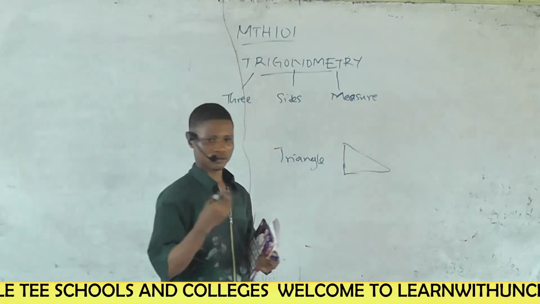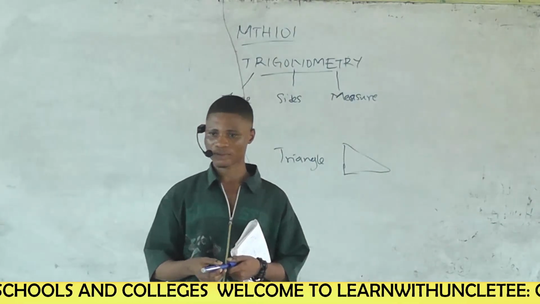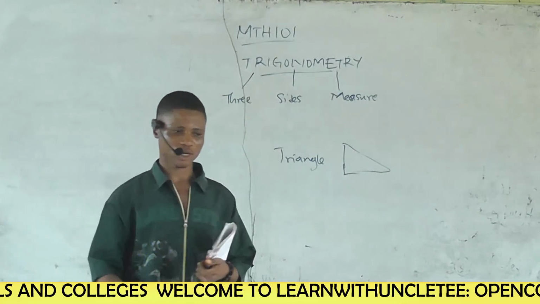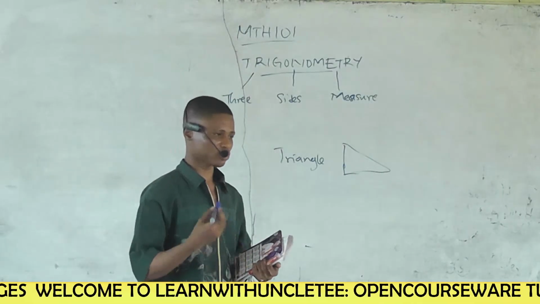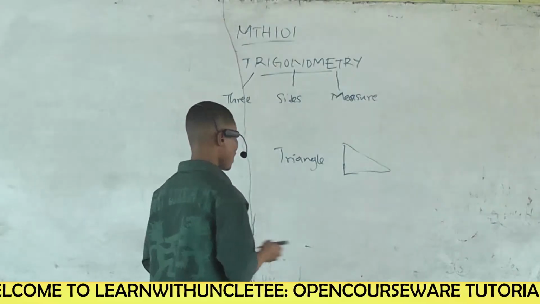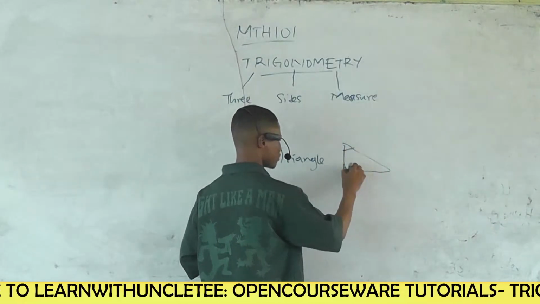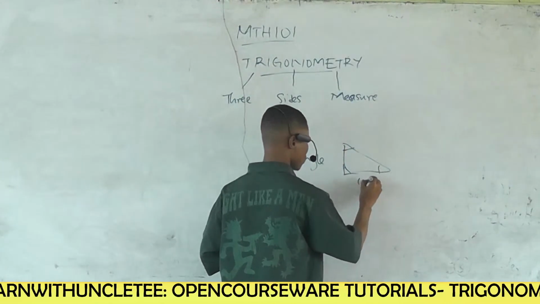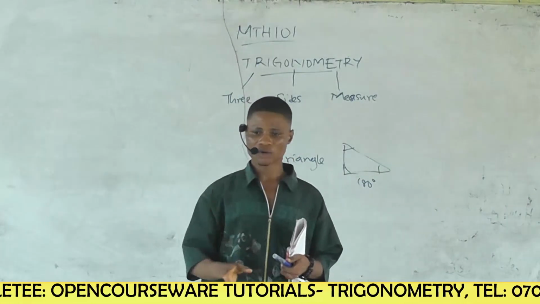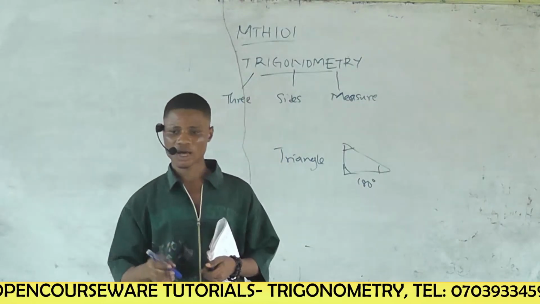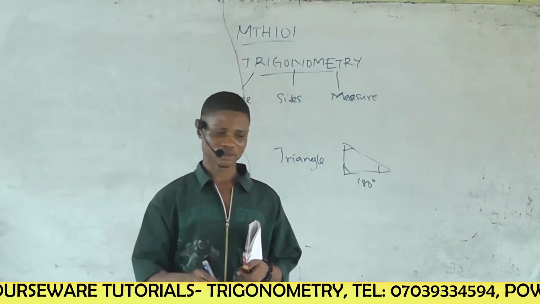We have right angle triangle, isosceles triangle, reflex triangle, obtuse. Then every angle in a triangle adds up to 180 degrees.